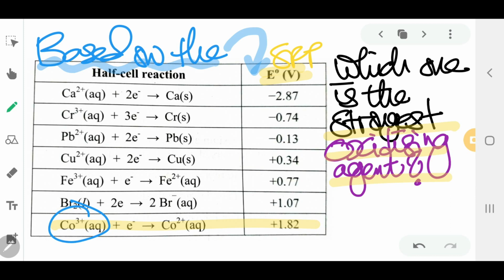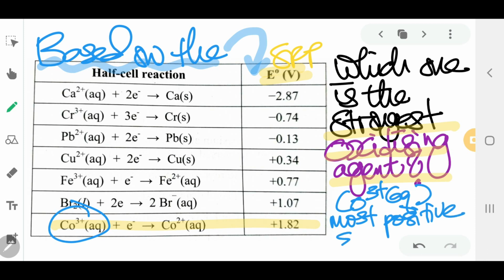So you're going to go to the other side. You have Co3+ aqueous. Why? Because it has the most positive E0.